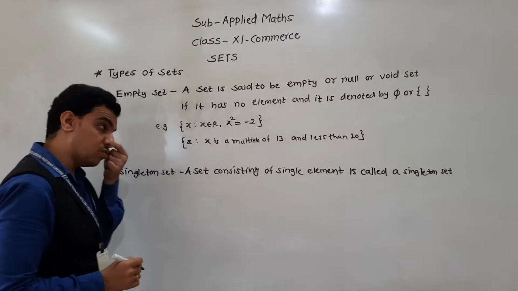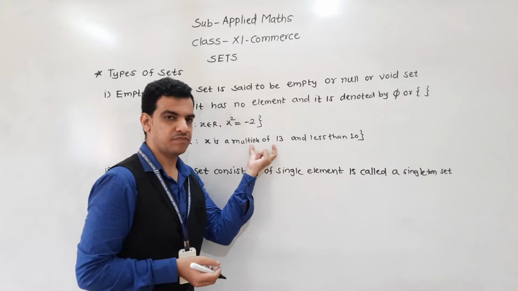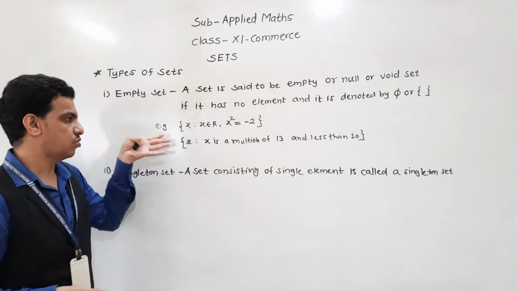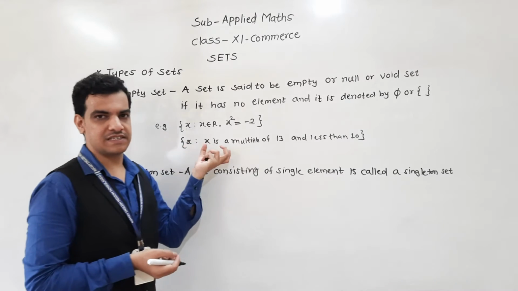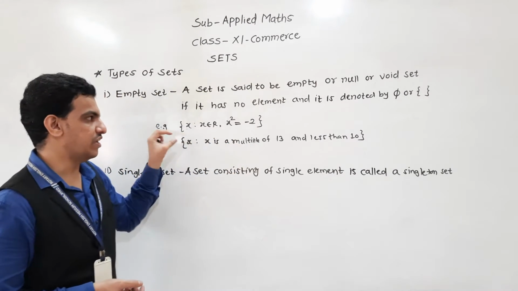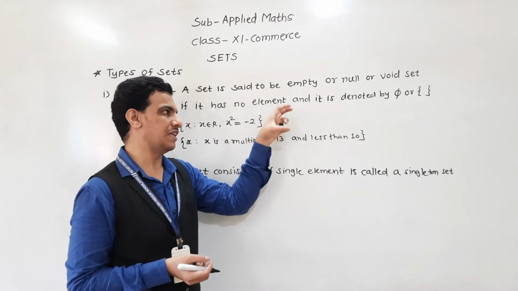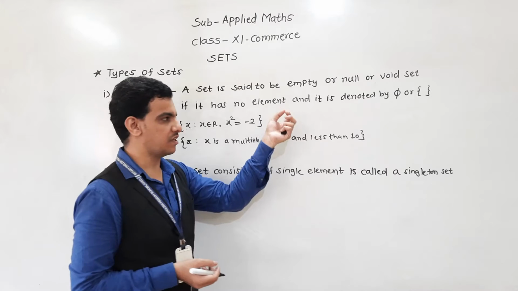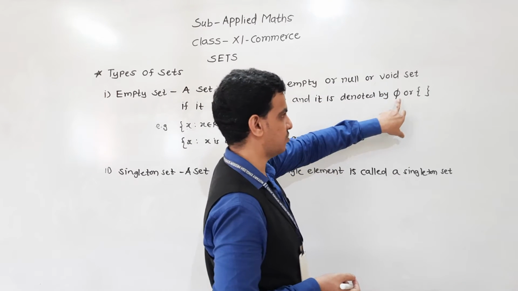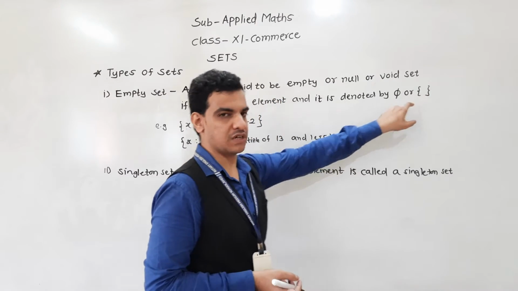There is no number which is a multiple of 13 and less than 10. So this set is also an empty set. Understand this? If in a set there is no element, then it is said to be an empty set, null set or void set, denoted by phi or these two curly brackets.